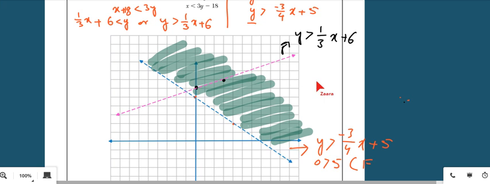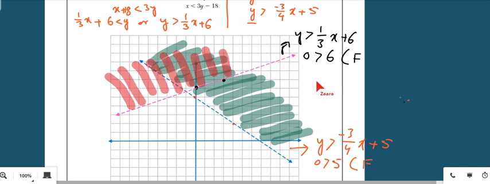Got it? Now, again take the test point. At the test point, 0 is greater than 6, which is false again. So I have to shade away from the origin. I am shading it with the red color, so this region. Now, the region where they both coincide, I am shading it with the yellow color.